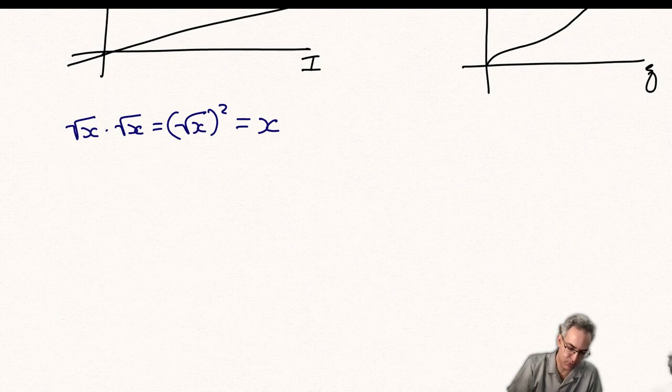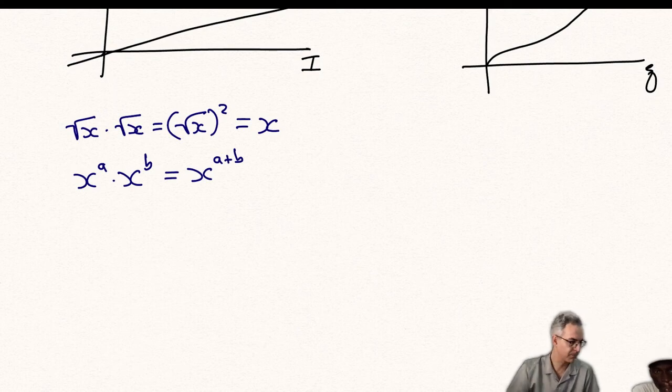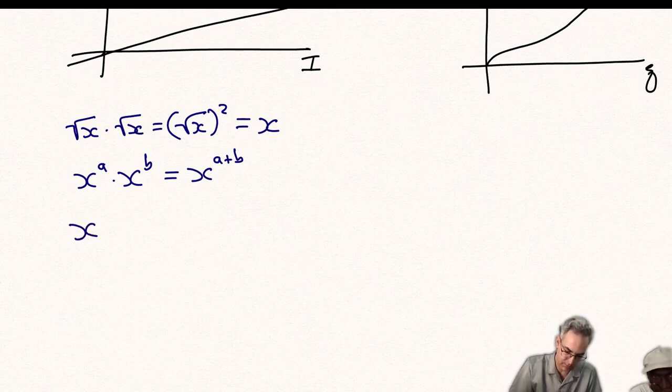Now, we know the rules of powers, right? If I have x to the a times x to the b, this is x to the a plus b. So if square root of x is some number, we don't know yet, we'll call it a, and if I multiply it by itself, I get a times a, which should be equal to x, or x to the 1.